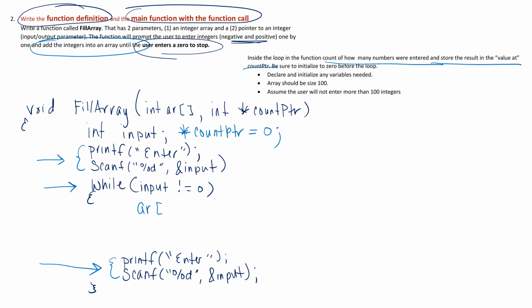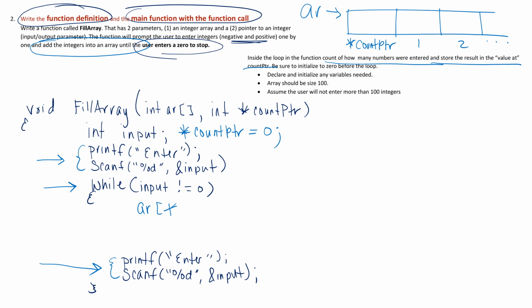at location value. So let's take a look at our array here. This is our array. This is 0, this is 1, this is 2, etc. All right, so right here, when we initialize value at count pointer, this is our first empty cell in our array.